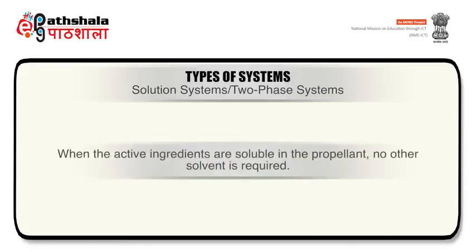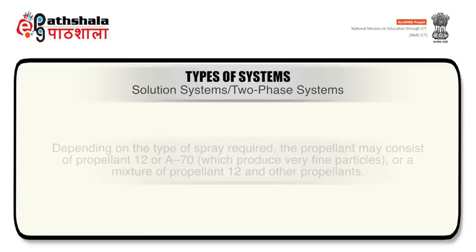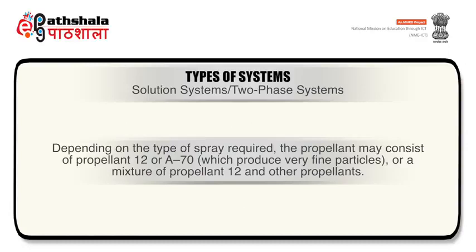When the active ingredients are soluble in the propellant, no other solvent is required. Depending on the type of spray required, propellant may consist of propellant 12 or A70 to produce very fine particles or a mixture of propellant 12 and other propellants.